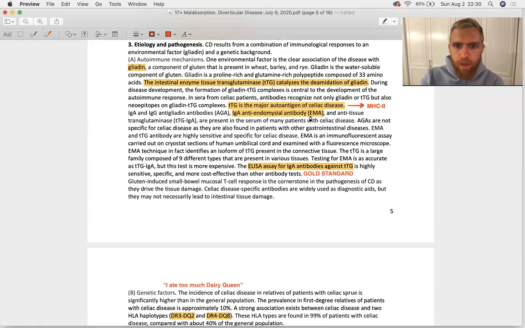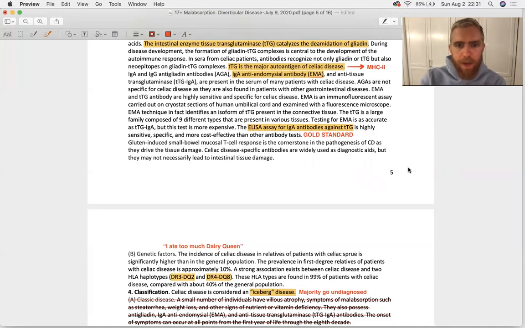Those were the sort of things that we would look for in the blood to confirm celiac disease before we really understood that TTG is what's causing it. And TTG basically gets presented on MHC type 2 molecules to T cells. And when T cells recognize this antigen, they'll attack the cells expressing TTG.